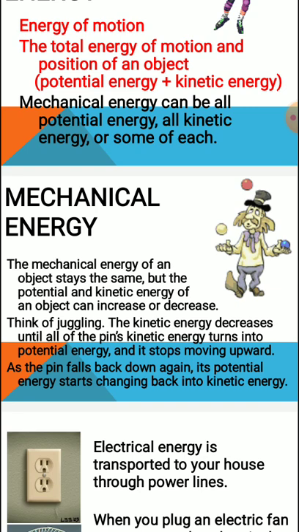Here is one example: a juggler juggling balls. When he throws a ball upwards, the kinetic energy decreases until all of it turns into potential energy and the ball stops moving upward. When the kinetic energy becomes zero, all of it has been converted into potential energy at the height, with no further movement.